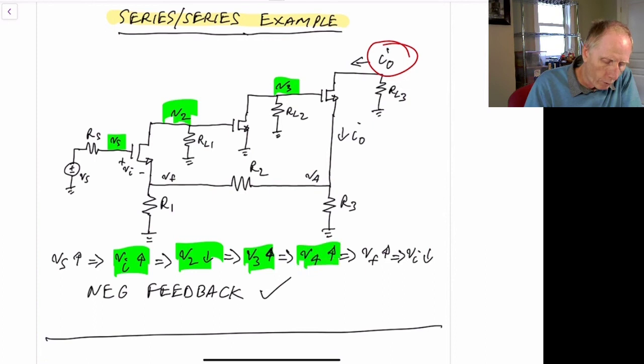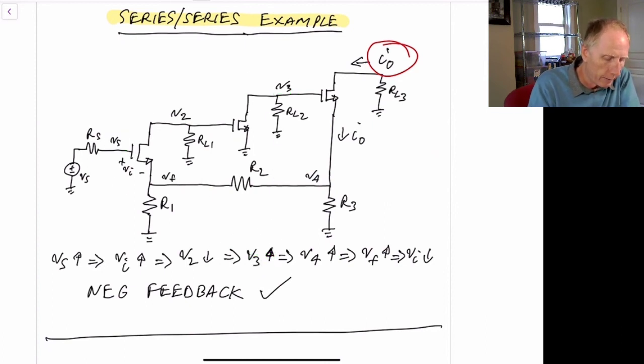V sub 4 will stay increasing because V sub 3 to V sub 4 is non-inverting. That will result in V sub F going back over here to also be increasing. If that increases, V sub I will decrease. And so we have, as before, that an increase in V sub I results in a decrease in V sub I, so we have negative feedback around this loop.